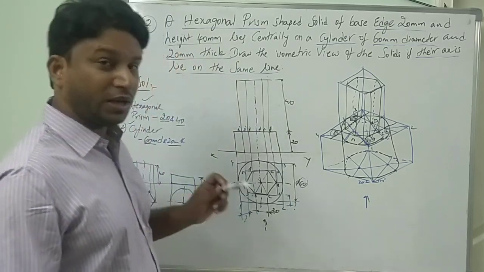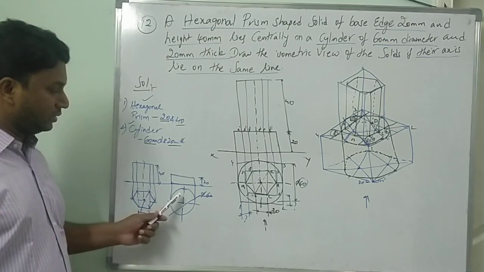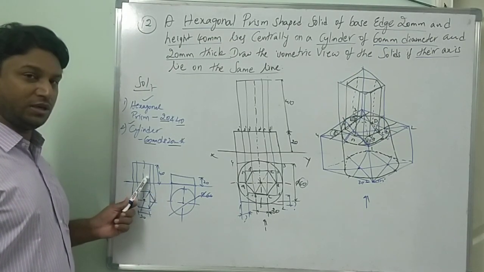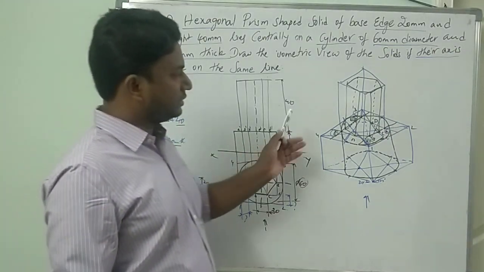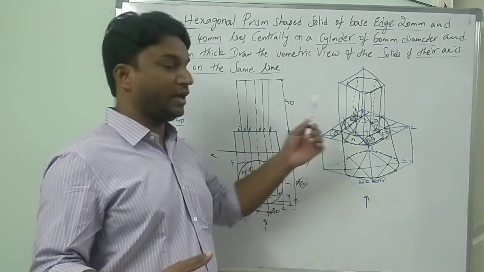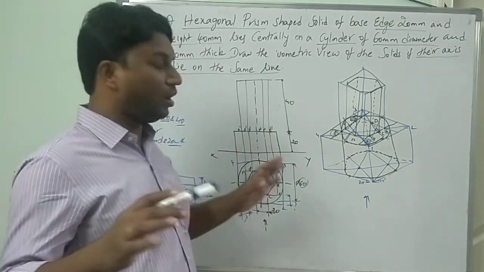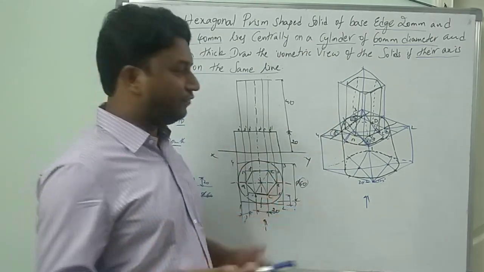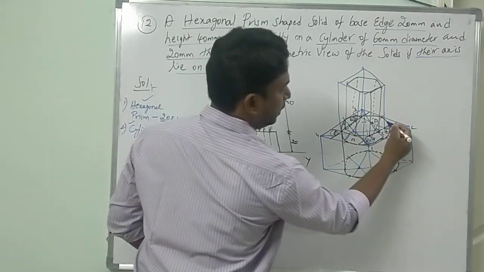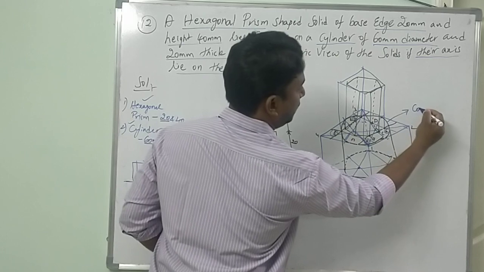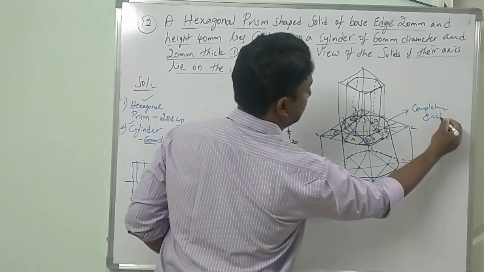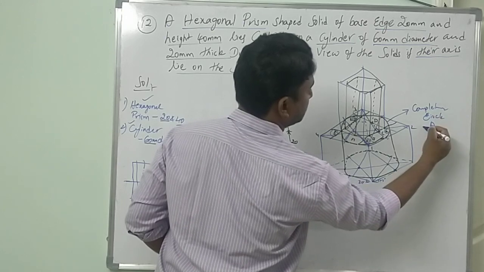Circle, hexagon. Here in this problem, start with the hexagon, then circle front view, then hexagonal front view. Dimensions, isometric view, first bottom cylinder, then hexagon, right? If you are not comfortable with the lines, after completing this arc, here I can write, completing circle like arcs.